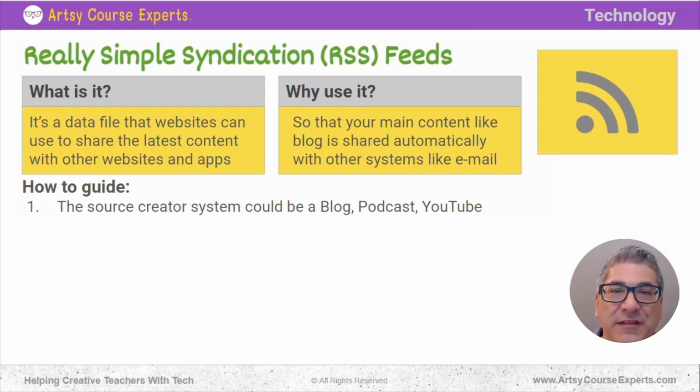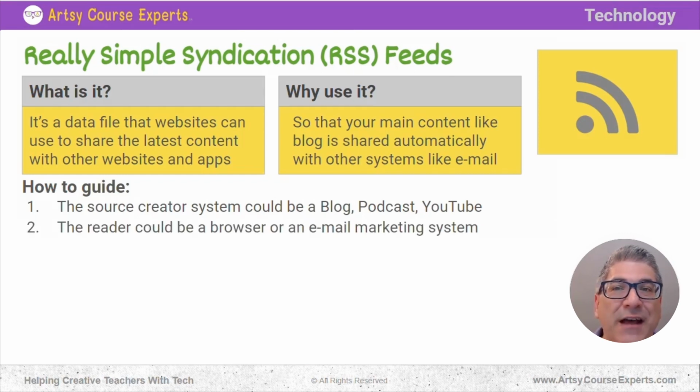Now, the other system is called the reader. The reader could be a browser, something simple that simply reads one or more feeds and summarizes the content there. Or the reader could be a more advanced app like your email marketing system that you use to update your hundreds and thousands of students.